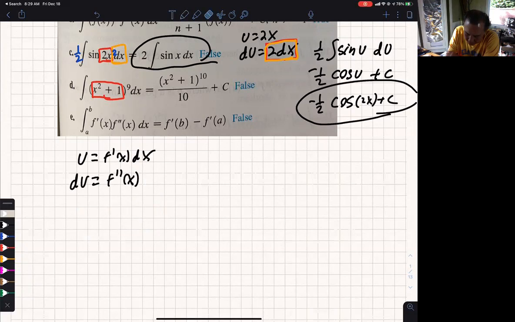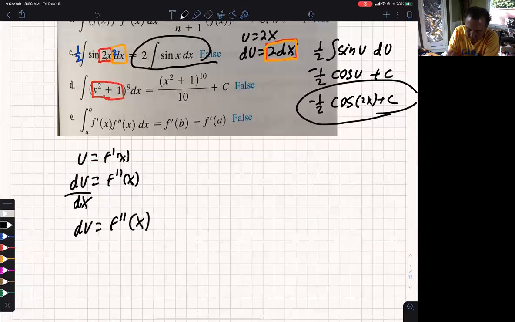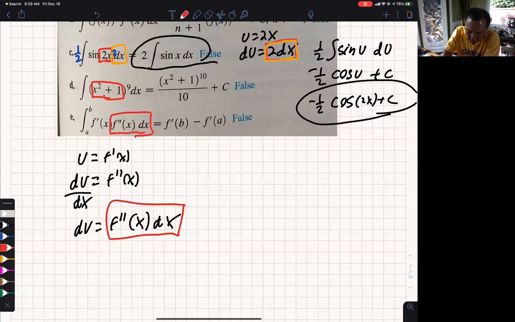Whoa, where'd that dx come from? I don't know where that came from. So du dx would be that. And I multiply both sides by dx, and I have something like that. And then I said, okay, I got this because look, second, that is that. So that's du. And this is u.